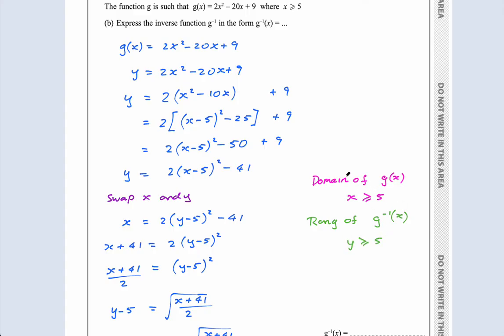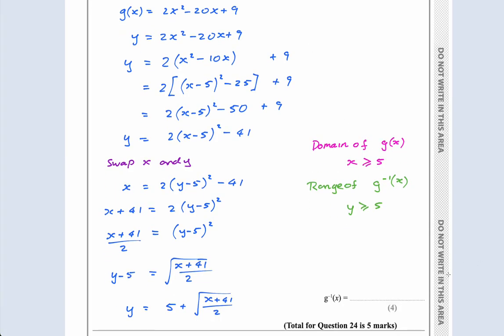Because if you recall, the domain of g of x is equal to the range of g minus 1 of x. And that means for this function here, which is the inverse function, y has to be bigger or equal to 5. And if y is bigger or equal to 5, then this has to be, because it could be plus or minus this.